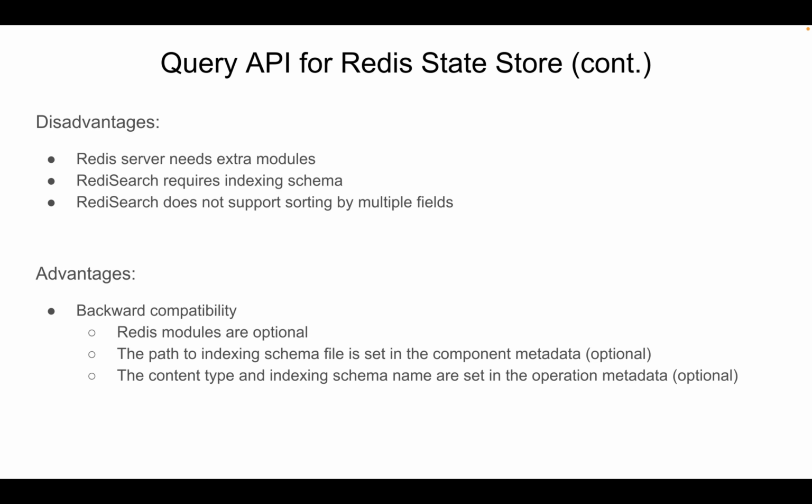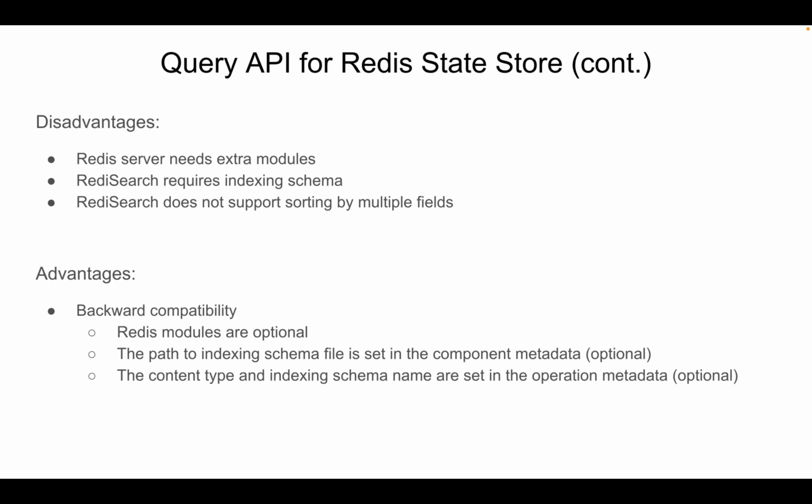And the third, which is basically an implementation detail, is that Redis Search does not support sorting by multiple fields. So we can only search by one key. For example, in Cosmos DB or in MongoDB, we can search by multiple keys.